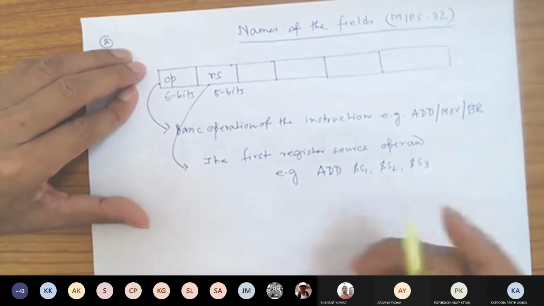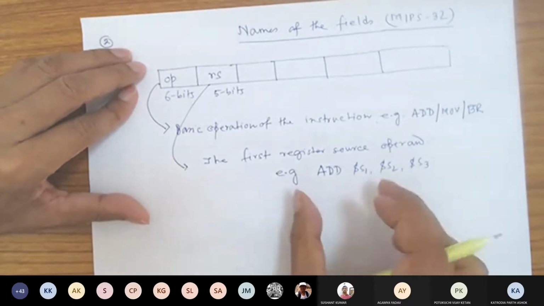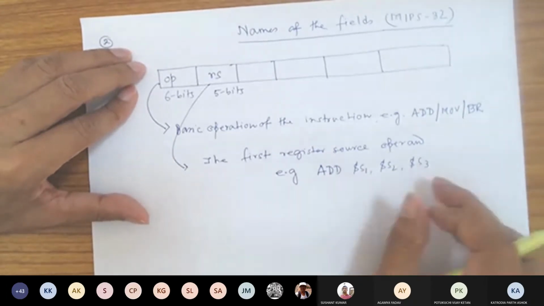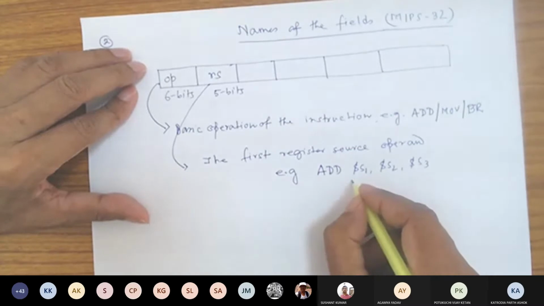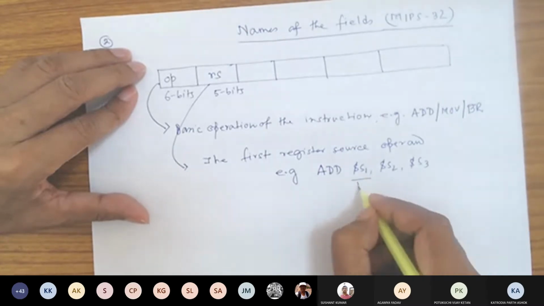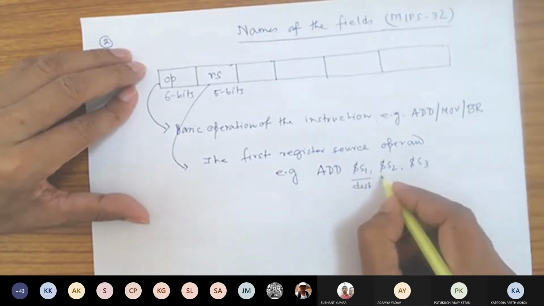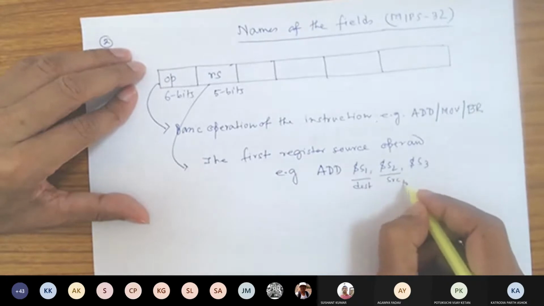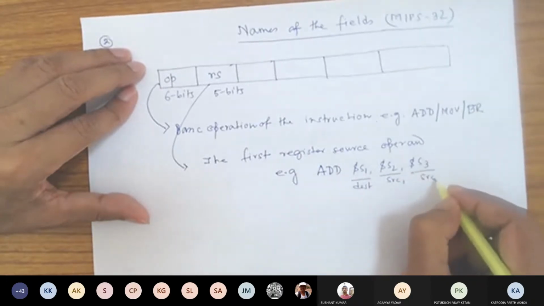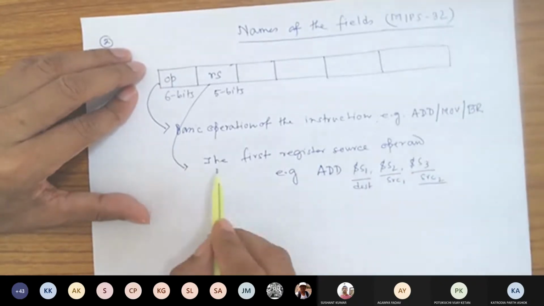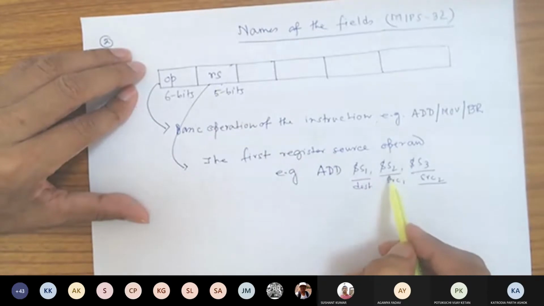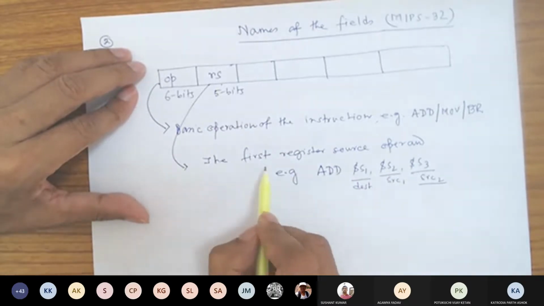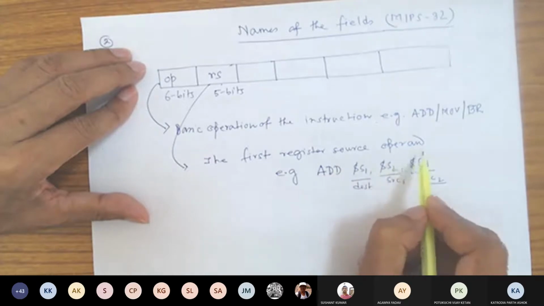Assuming that in MIPS assembly, this is the destination, this is source 1, this is source 2. You know that this field actually contains $S2. This is the first register source operand.